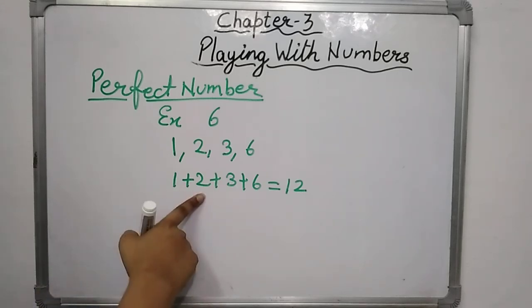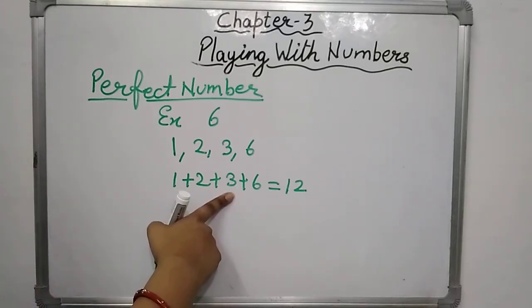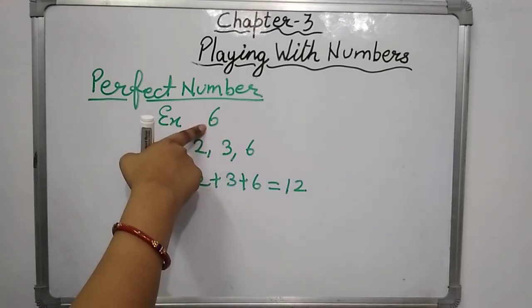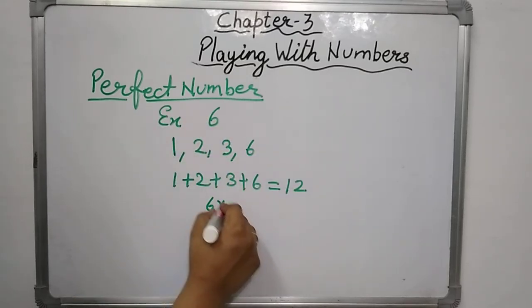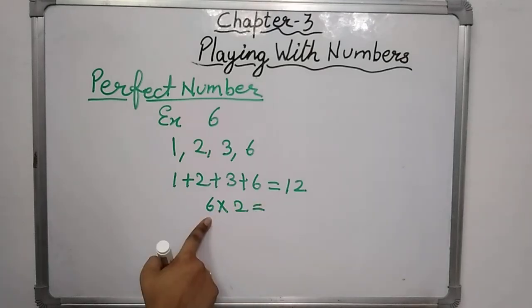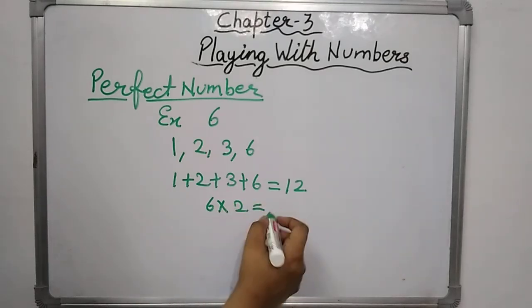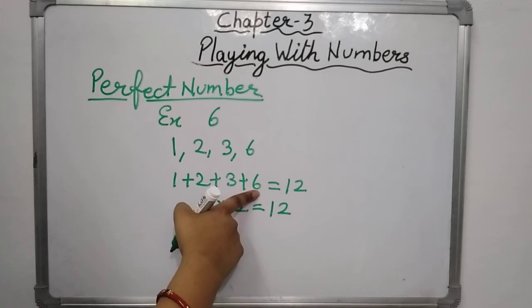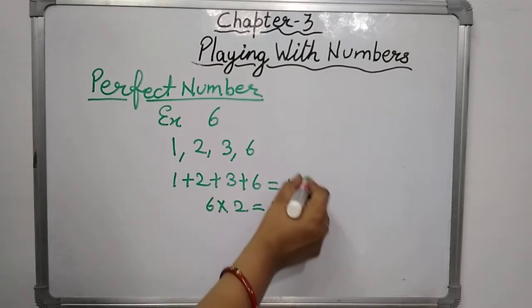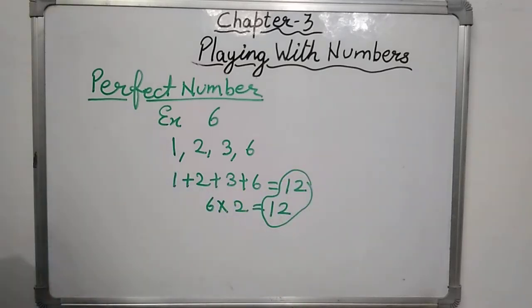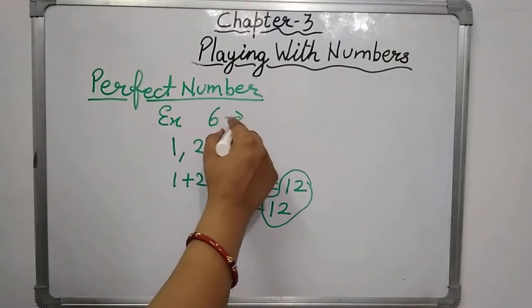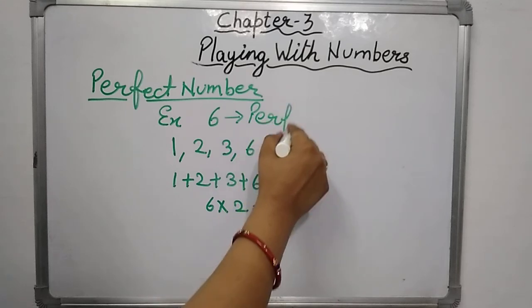Sum of all factors of a number is equal to twice of that number. If I make twice of 6, that means 6 multiplied by 2, that is also 12. So twice of the number and sum of all factors are equal, that number is called a perfect number. So by this we can conclude 6 is a perfect number.